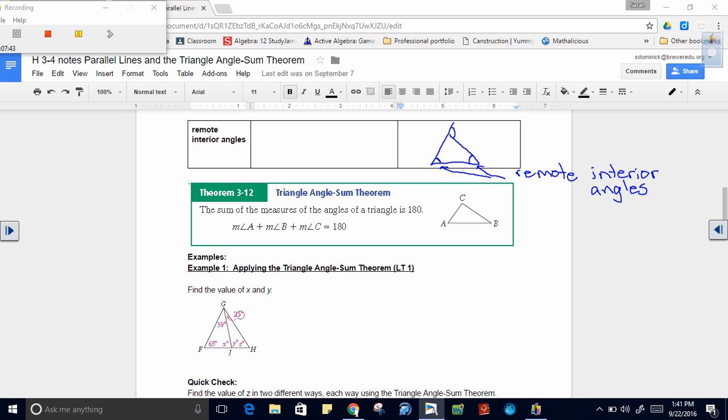There's lots of different ways to find these angles. If it was me and I was trying to do this, I would look at this triangle on the left and know that all of those angles should add up to 180. So I would say 180, and I would subtract 39, and I would subtract 65.